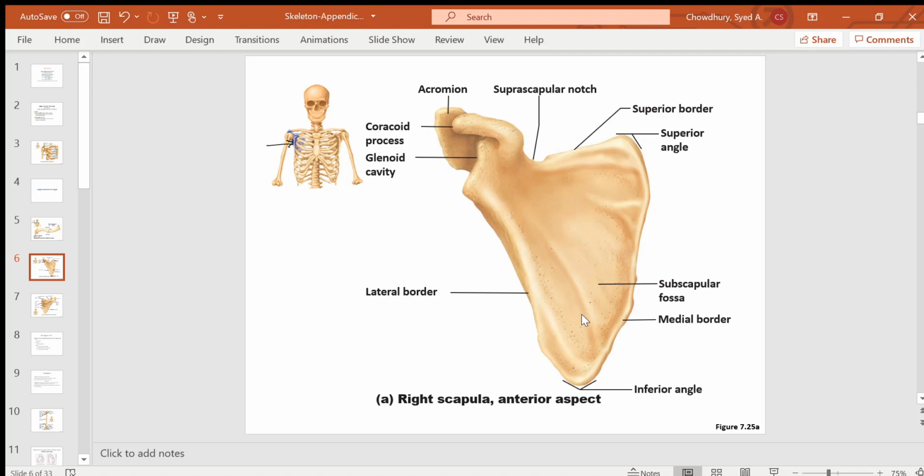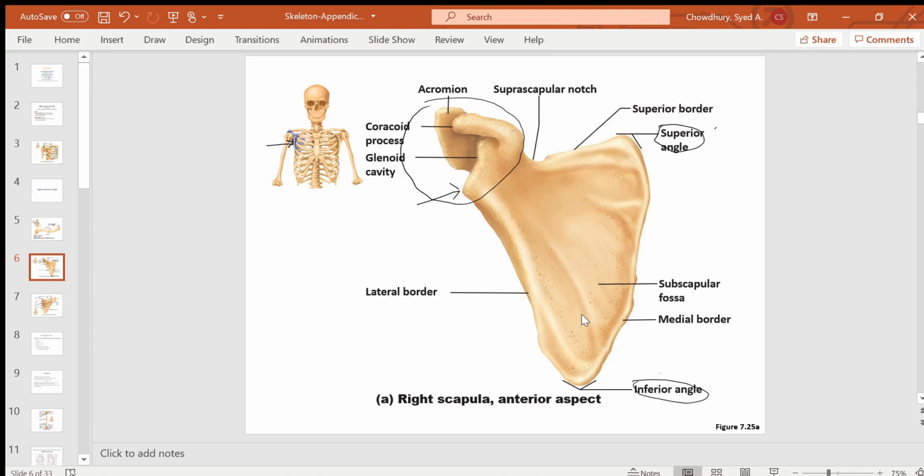It looks like a triangular shaped bone, and it has three angles. This is the superior angle, this is the inferior angle, and this angle is called the lateral angle. In this area you have a few structures.